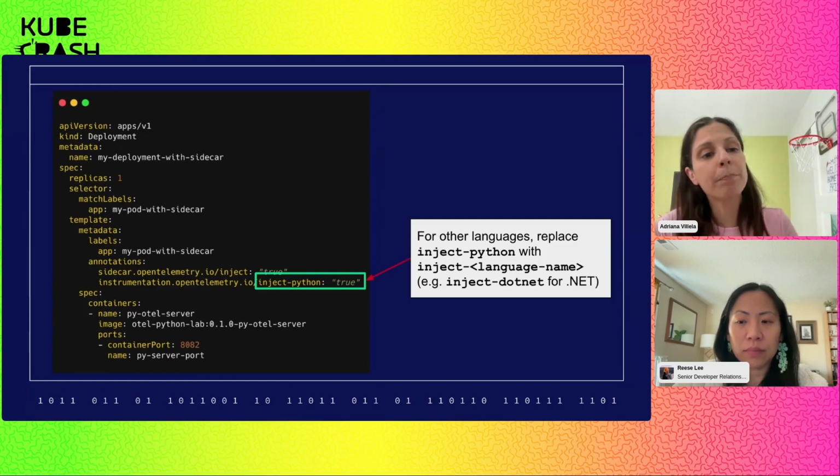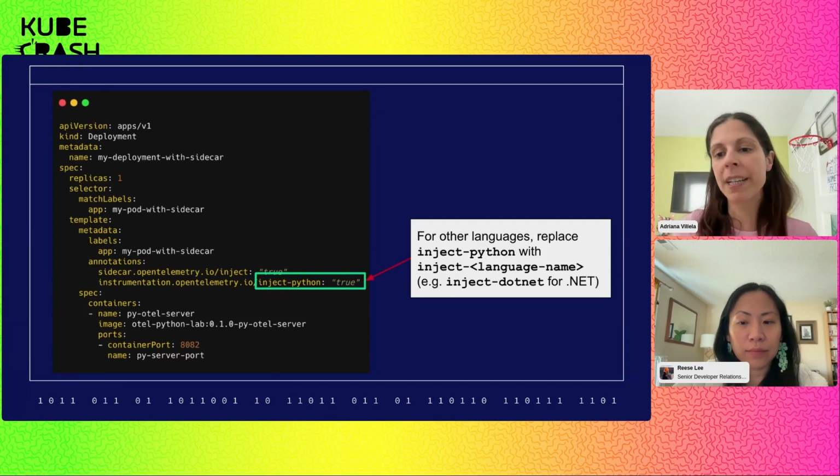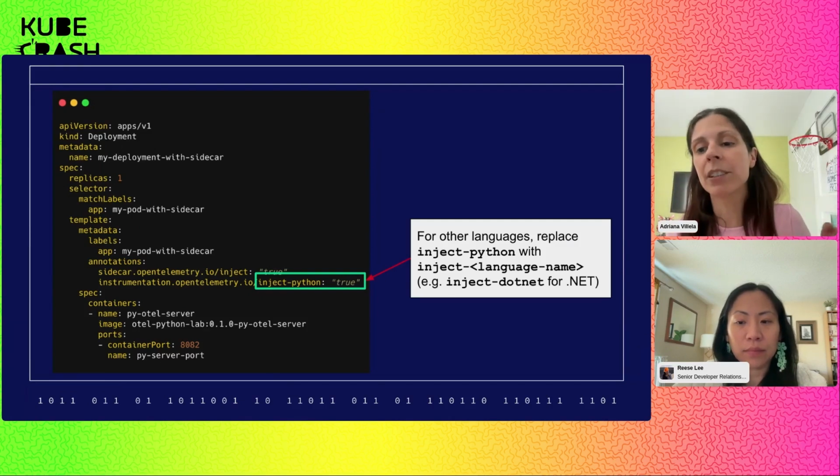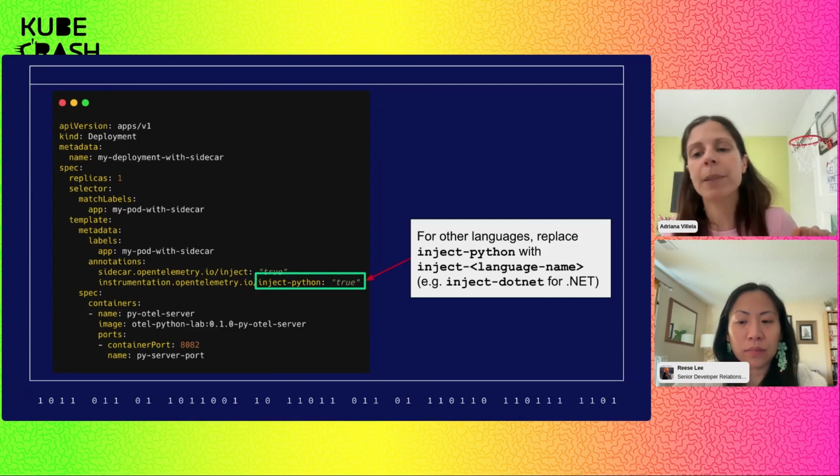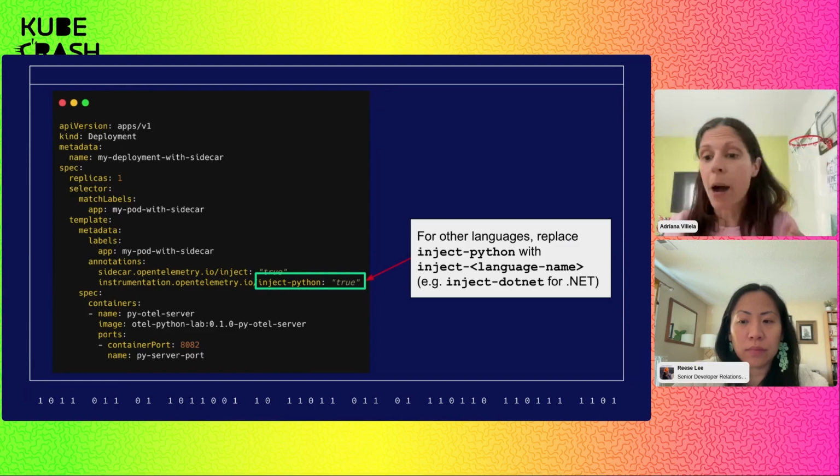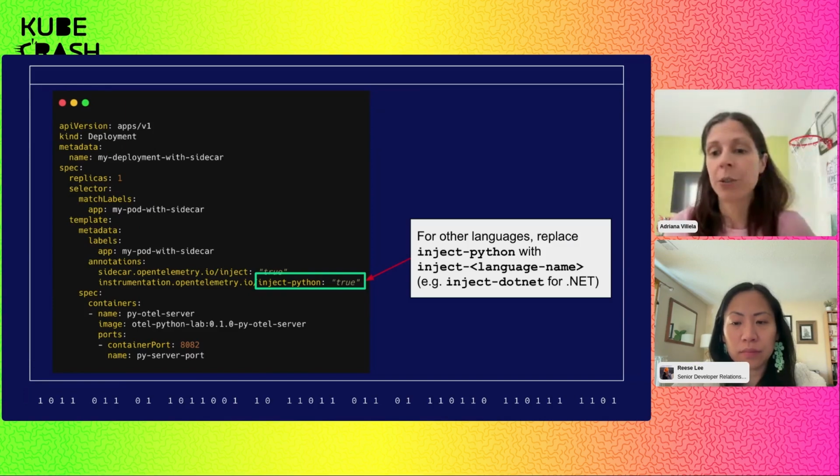Now, when the pod starts up, just to understand what's going on behind the scenes when we do this auto-instrumentation, the annotation basically tells the operator, hey, there's an instrumentation object out there in the pod's namespace, and to inject the Python instrumentation into the pod.